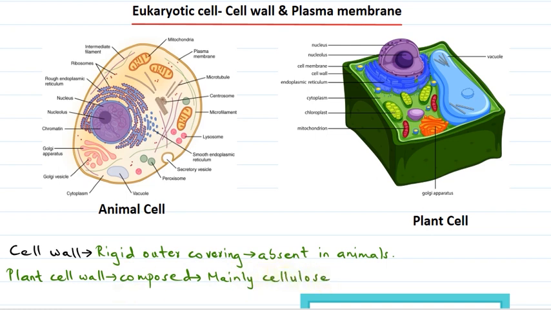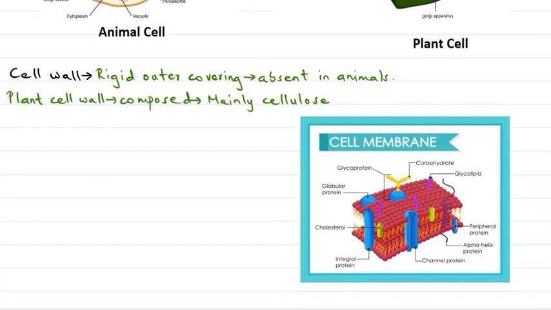So we can say that the plant cell wall is cellulosic because the main component is cellulose. This cellulose is a complex substance that provides structural strength to the plants.